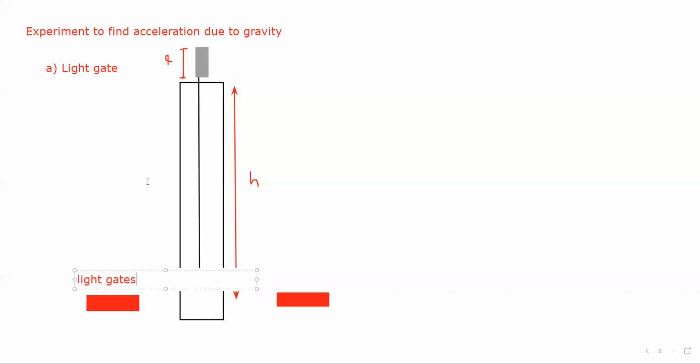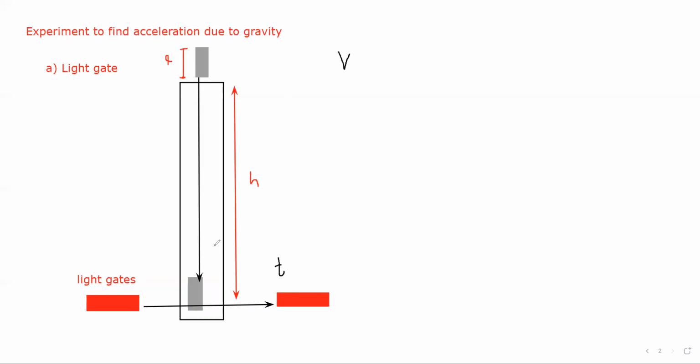As the light is passing from one light gate to the detector, but as this object moves in between the light gates, it will cut the light, and the moment it cuts the light, the timer will start and we will know how long it takes to pass through these light gates. So the length is known and the time we can determine using a light gate.